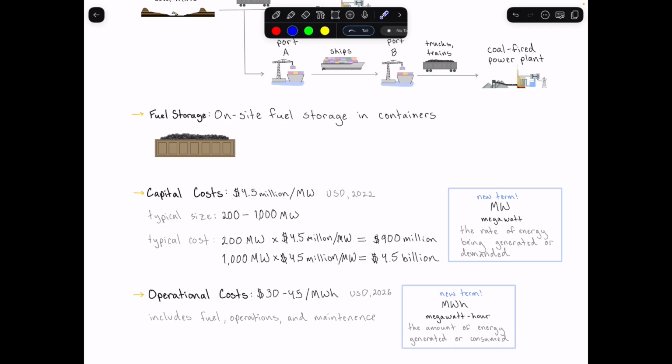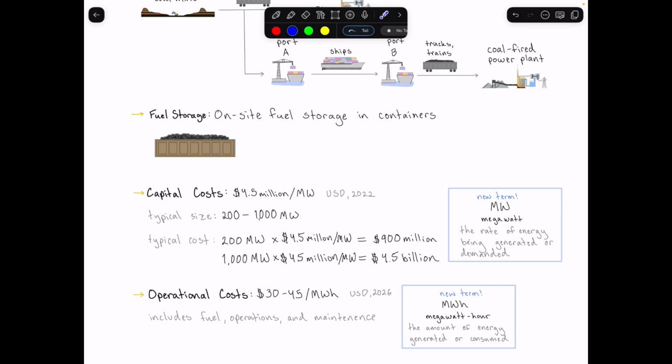So a megawatt is the rate of electricity that can be generated, and a megawatt hour is the total amount of electricity. A pretty helpful analogy here is that the megawatt rating of a power plant is like the maximum speed of a car, so the fastest this car can go.